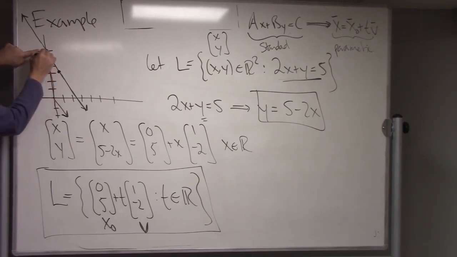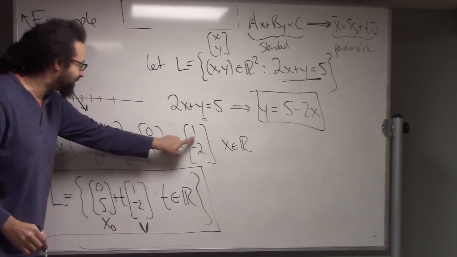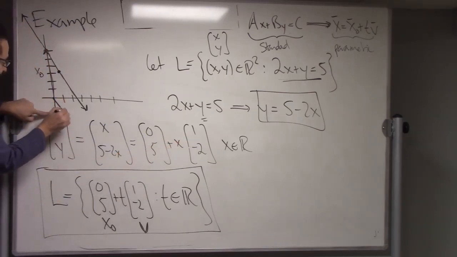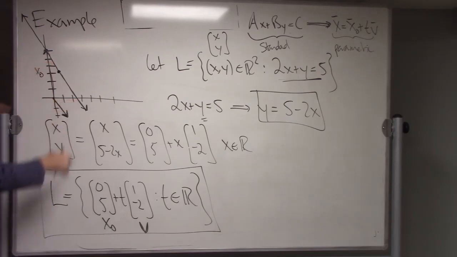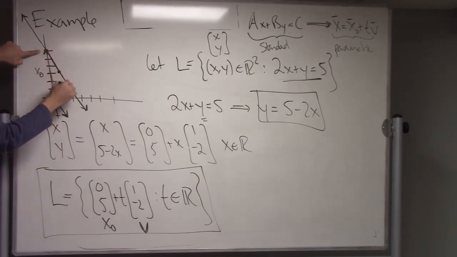That's this thing, that's x0. And then you've got a direction vector 1, negative 2. So 1, negative 2. Here's the direction vector. We can see it's parallel to this thing. And now any point on the line, call it x. So if this thing is x, well then this thing is x minus x0.